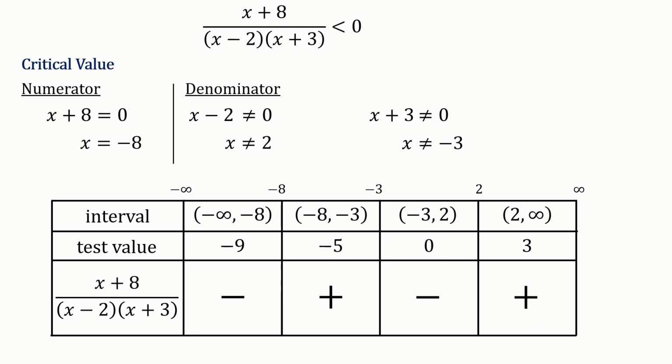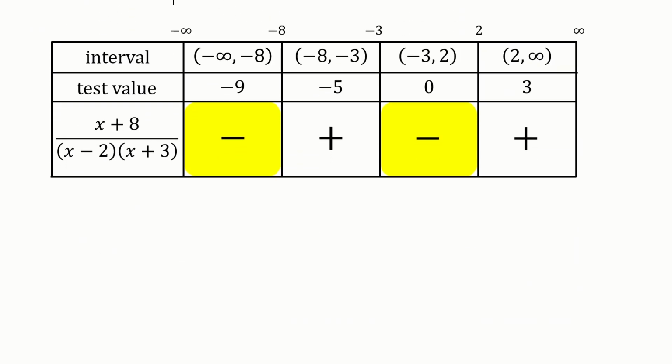Alright, so to determine which interval we desire, we go back to our inequality, which is less than 0. Less than 0 means a negative value. So we just take the intervals that are negative. So we copy back the intervals that have a negative result, which are from negative infinity to negative 8, or from negative 3 to 2.